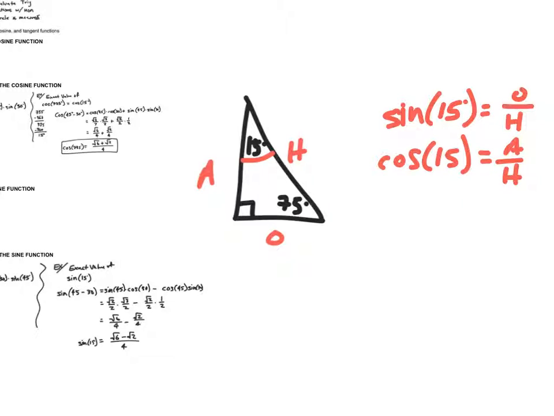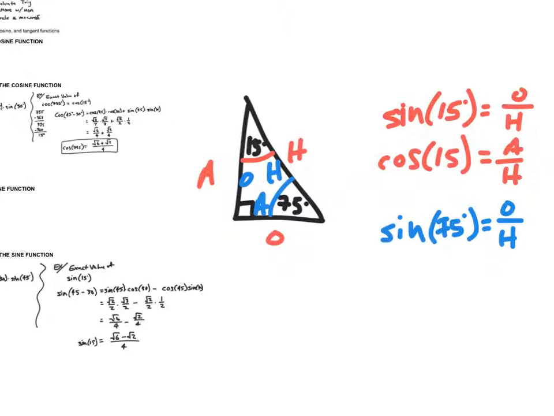If I take the perspective of 75, opposite, hypotenuse, adjacent, think about it. If I do sine of 75 degrees, that's going to give me opposite over hypotenuse. Now, taking this perspective here, sine of 75 is the same thing as adjacent over hypotenuse, taking the view of my 15-degree angle.